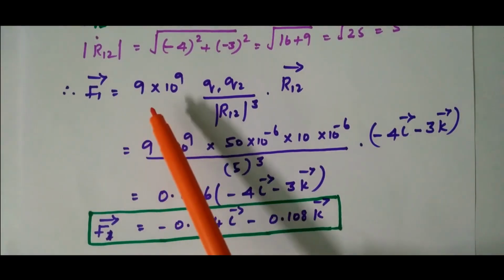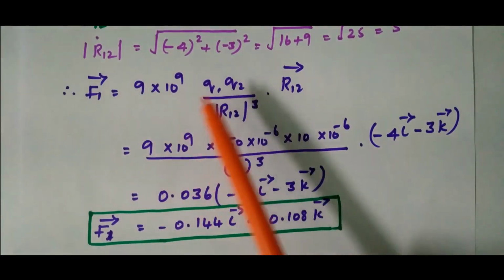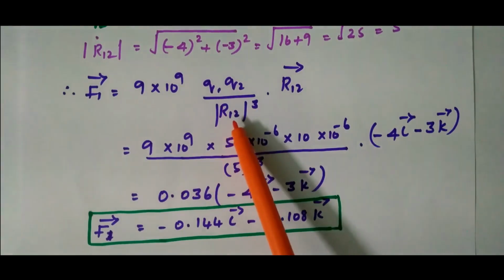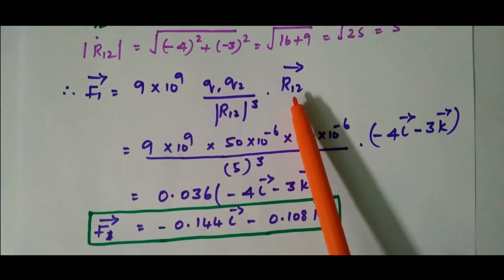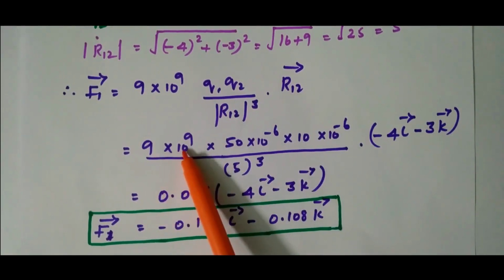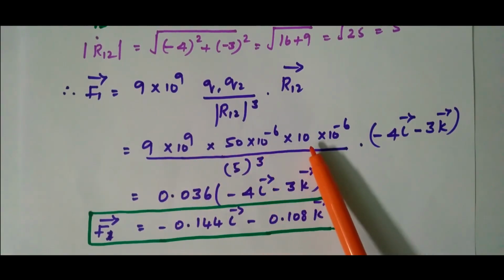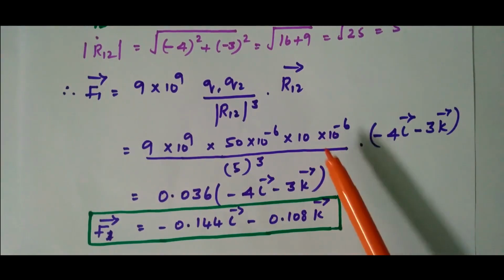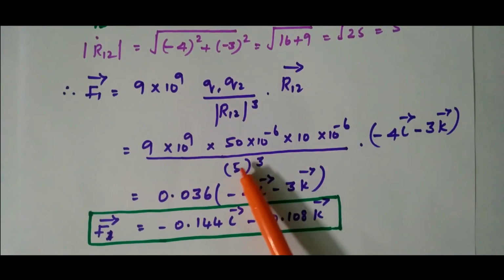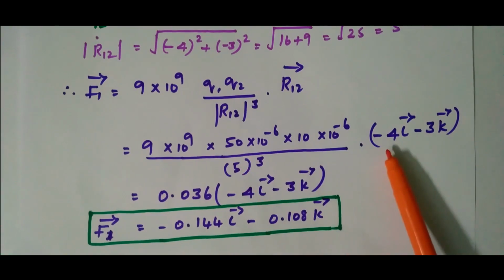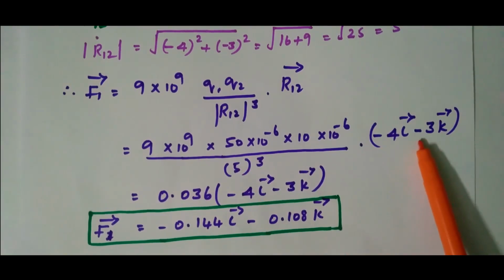This F1 vector is equal to 9 into 10 to the power 9, q1 q2 divided by r12 cube, into r12 vector. Now we can substitute the value. 9 into 10 to the power 9, q1 is 50 into 10 to the power minus 6, q2 is 10 into 10 to the power minus 6, divided by this magnitude, 5 cube. The vector is minus 4i minus 3k, j is not available, j is 0.